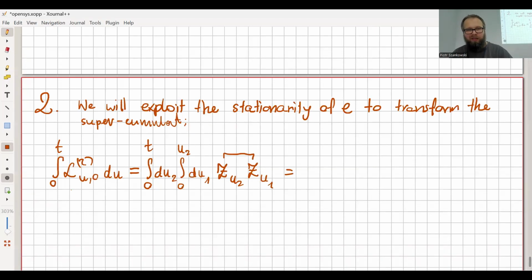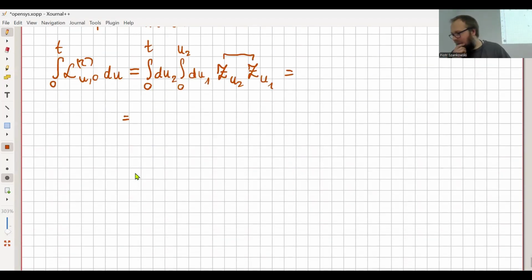If we write it explicitly, there are a couple of cool formulas you can use here. Let's write it like this.